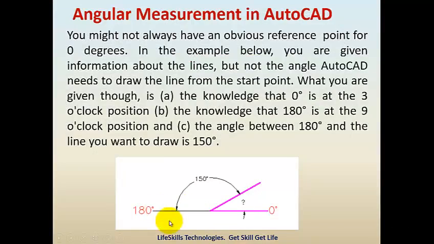In AutoCAD, your mind should be that your 0 starts from here. So to draw this line, you subtract 150 from 180. That will give you 30. Since we measure angles in this direction, anti-clockwise, the angle is going to be 30 degrees from the 0.